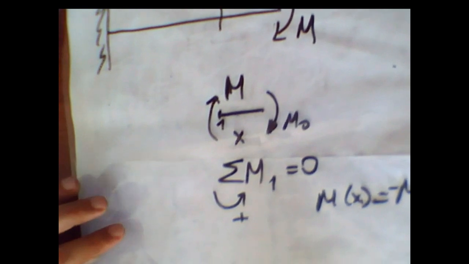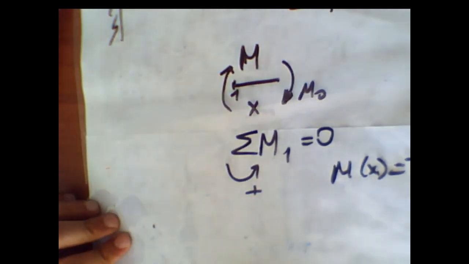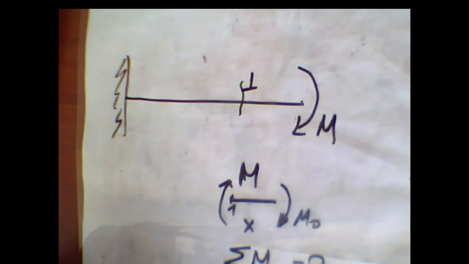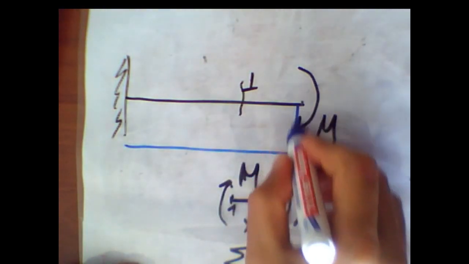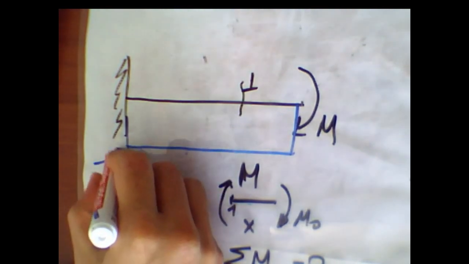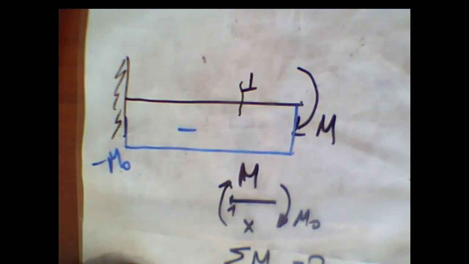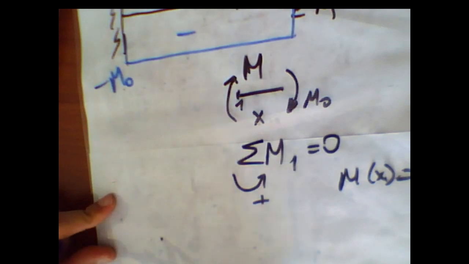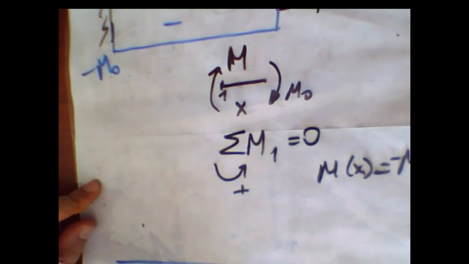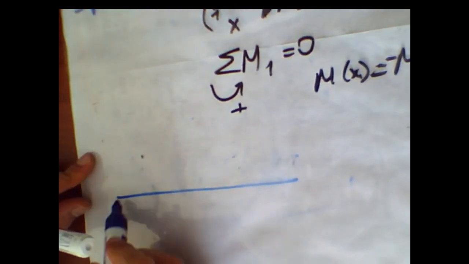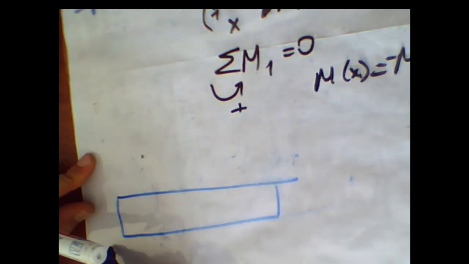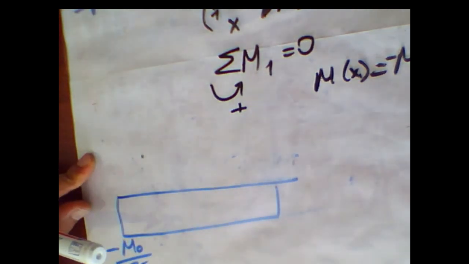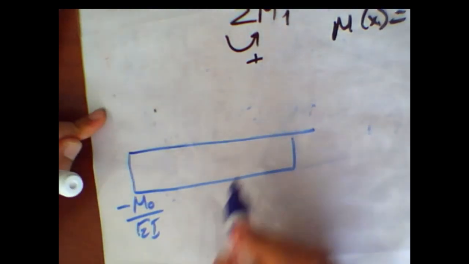Therefore, if I want to derive the moment function in this figure, it's a constant, and this value is equal to omega 0. So if I want to convert to the moment area method, I have to divide minus M0 by EI, therefore the moment function is like this.